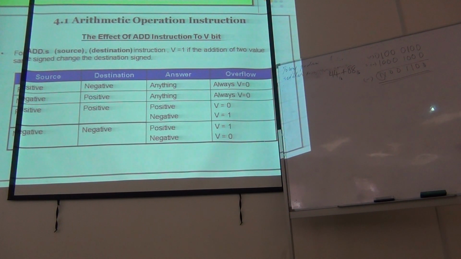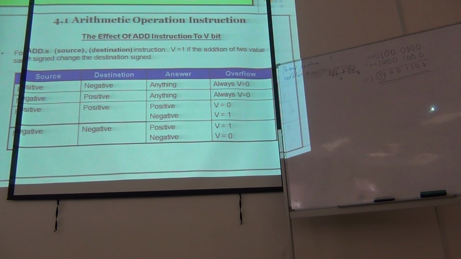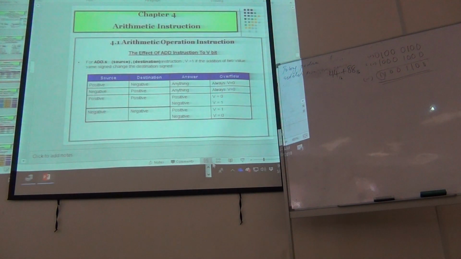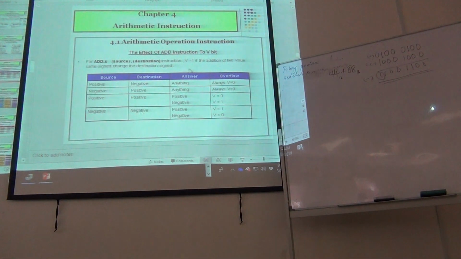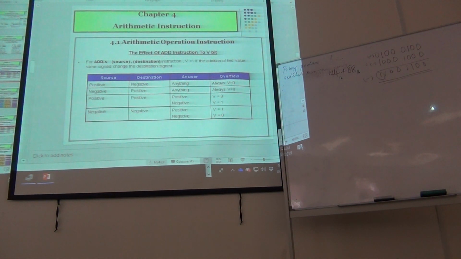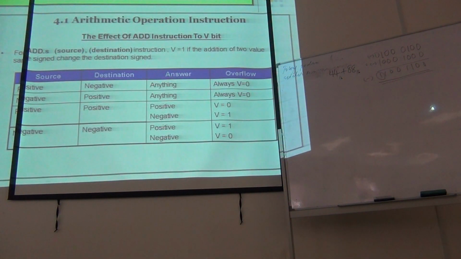So which one is source, which one is destination? Just now it was D0, D1, right? Destination is D1, right? Or do I have a problem? D1 is destination. Okay. So D1 is destination. D1 is negative, is it not?